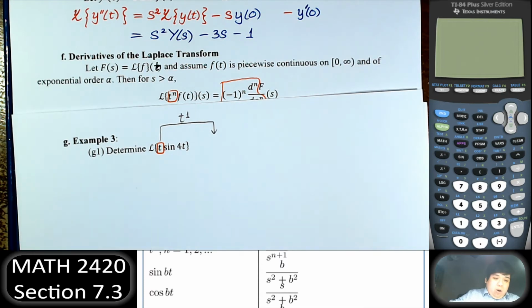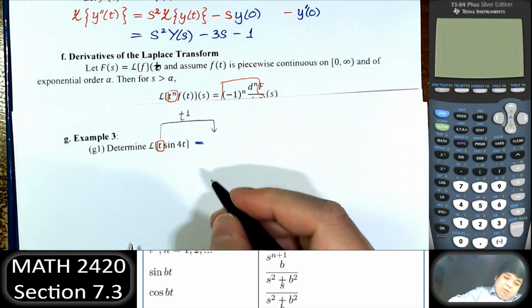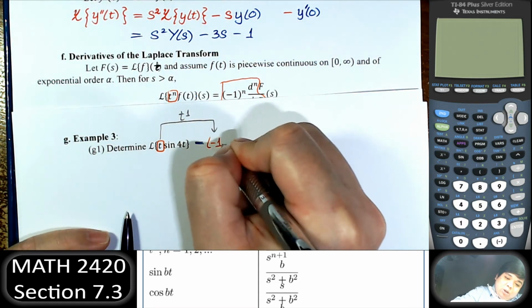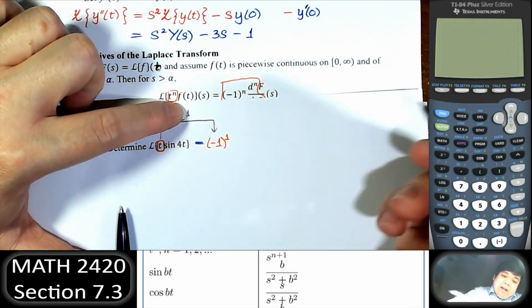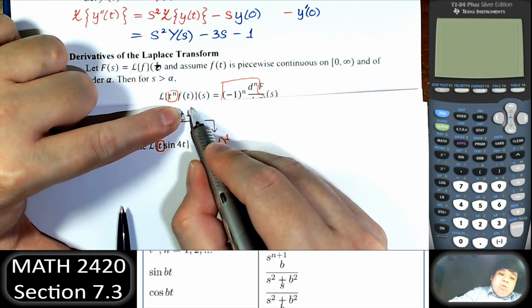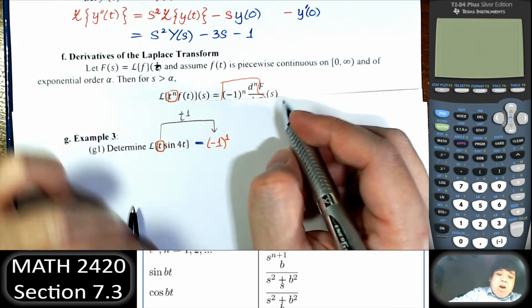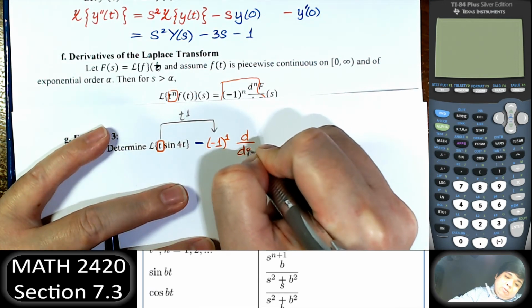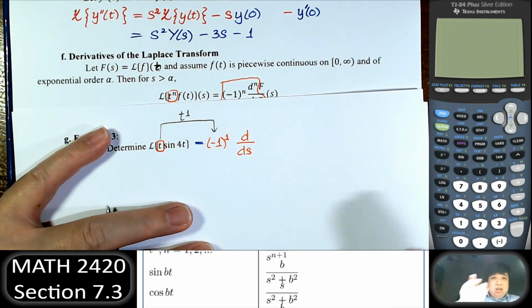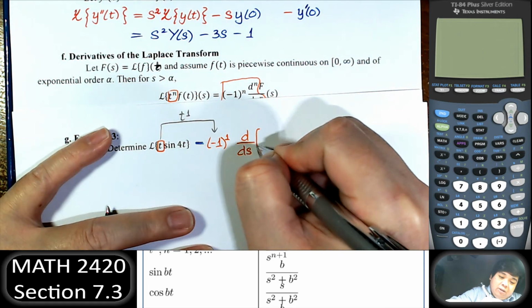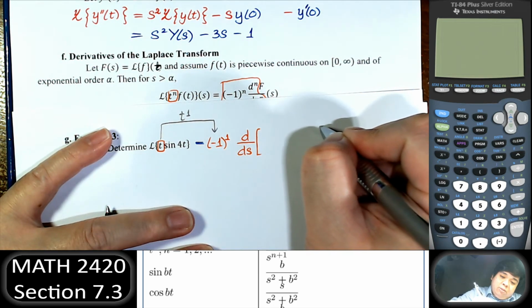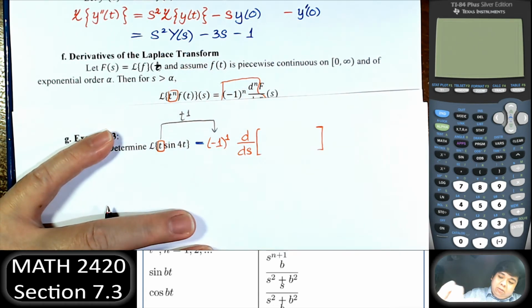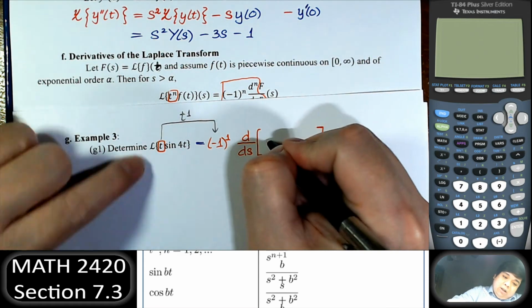So according to that formula, we will have negative 1 raised to that power, and then we take the first derivative of the Laplace transform.